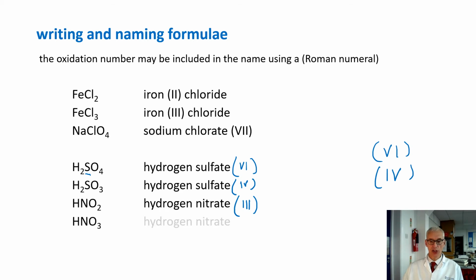And if we contrast that with the last example, well, this is hydrogen nitrate, that's meant to be a V, hydrogen nitrate 5. So the oxidation number of sulfur needs to be indicated, 6. The oxidation number of sulfur is 4, of nitrogen 3, of nitrogen 5. The hydrogen is always +1, oxygen is always -2, so we don't need to indicate that in the name.